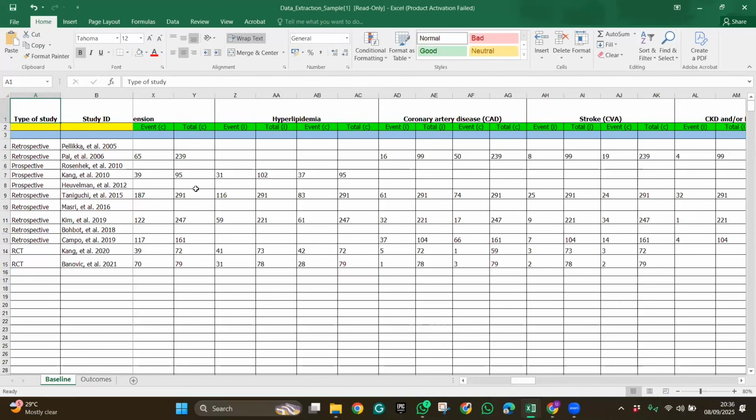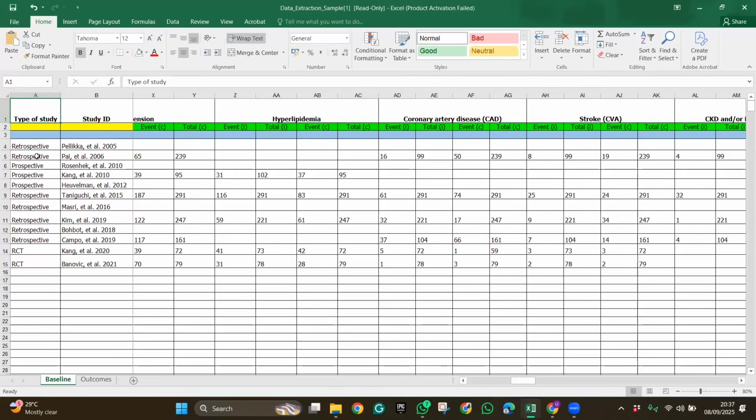You have to specify whether they are cohorts or clinical trials. If they are cohorts, you have to specify whether they're prospective or retrospective. Similarly, if they are clinical trials, you have to specify whether they are randomized or non-randomized.